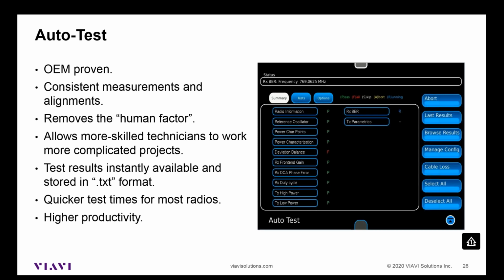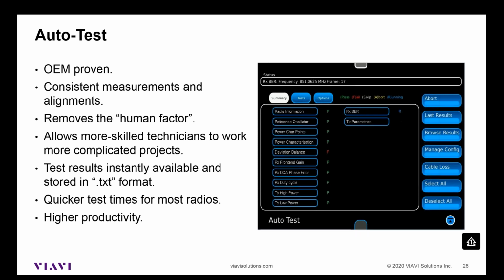I've got customers who will have basically a little assembly line set up where they'll have a patrol car come in. They'll take the mobile radio out of the vehicle, hook it up to the service monitor, hit run. They'll go get the portable radio, update its firmware, maybe reprogram it, do whatever else they need to do with that. And by the time they get done with that, the mobile's done being auto tested. They can swap the radios.